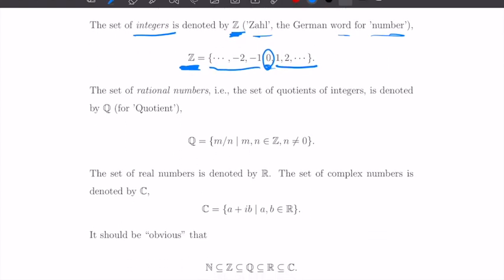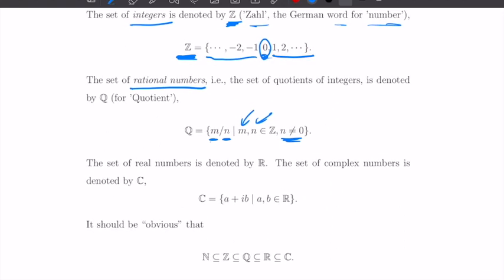And next, the set of rational numbers. I think you already know what rational numbers are, but here's a more or less formal definition. So it is actually a pair of two integers, m and n, where m can be any integer, but n can be any integer except for 0.